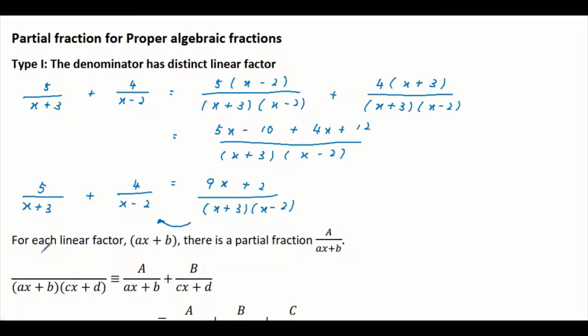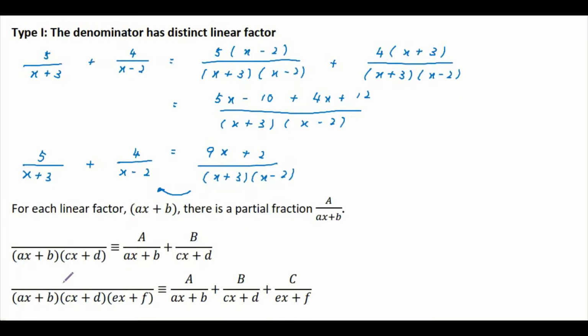So for each linear factor ax plus b, there is a partial fraction A over ax plus b. I do not need to care about the numerator, I only look at the denominator. If I have ax plus b and cx plus d, when I decompose this fraction, I will get two fractions, one for each linear factor, ax plus b and cx plus d.